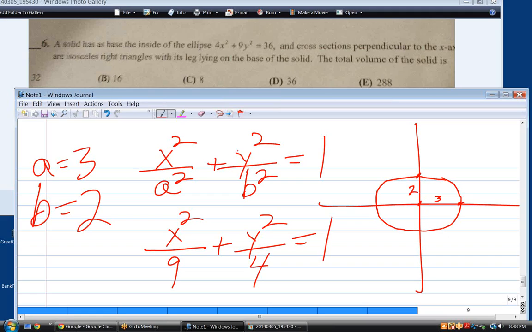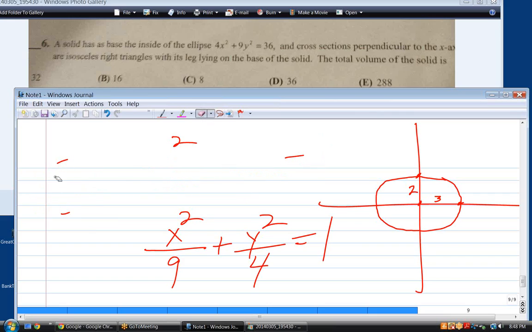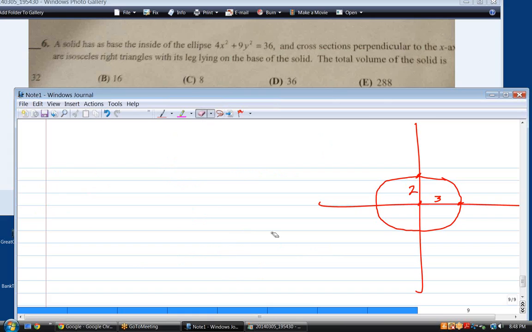All right. Okay, so we're going to put isosceles right triangles perpendicular to the x-axis. Every single one of your cross-sections has been perpendicular to the x-axis.